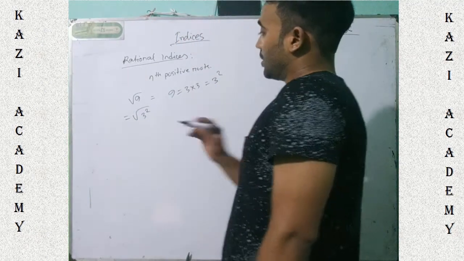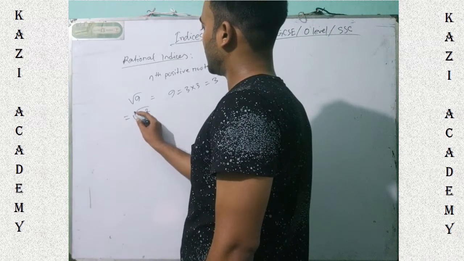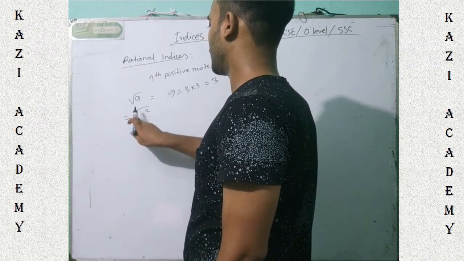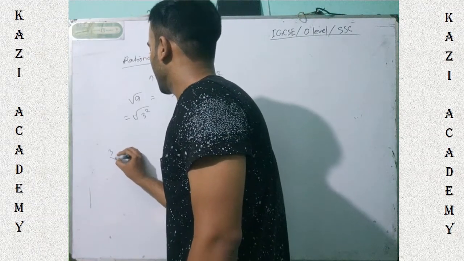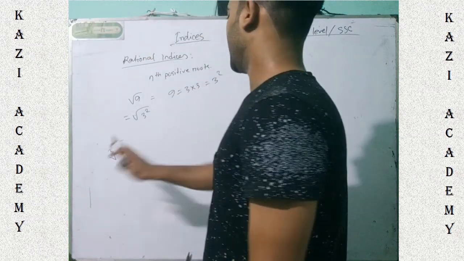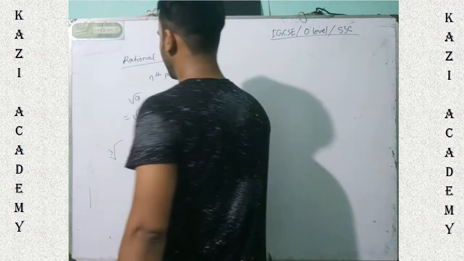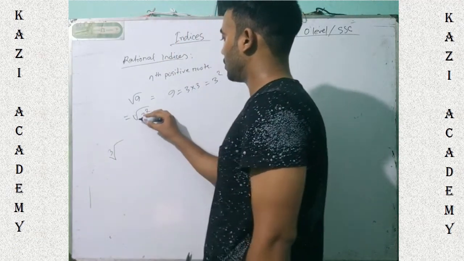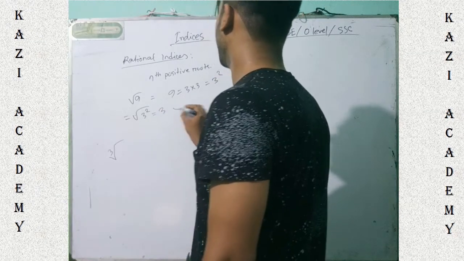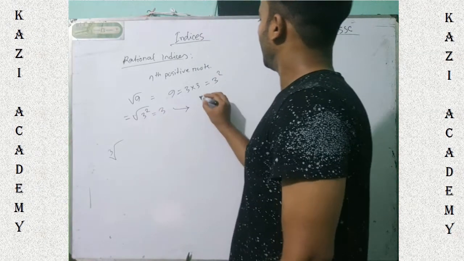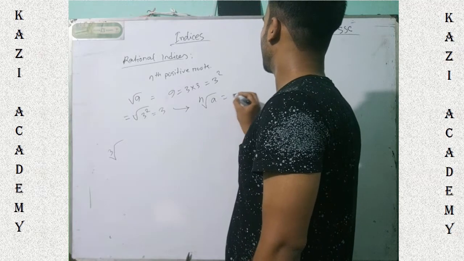So root 9 is actually root over 3 square. So this is a square root. Here 2 is not written, but it is a square root. But the cubic root is written like this. So this is root over 3 square, that's why its answer is 3, right?